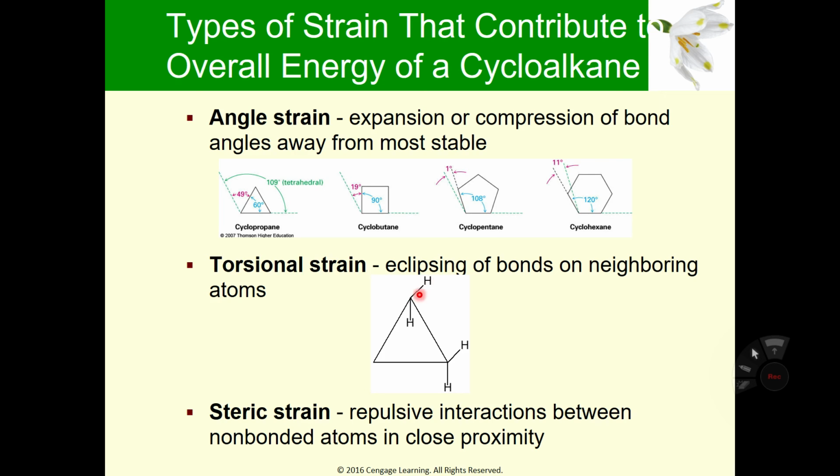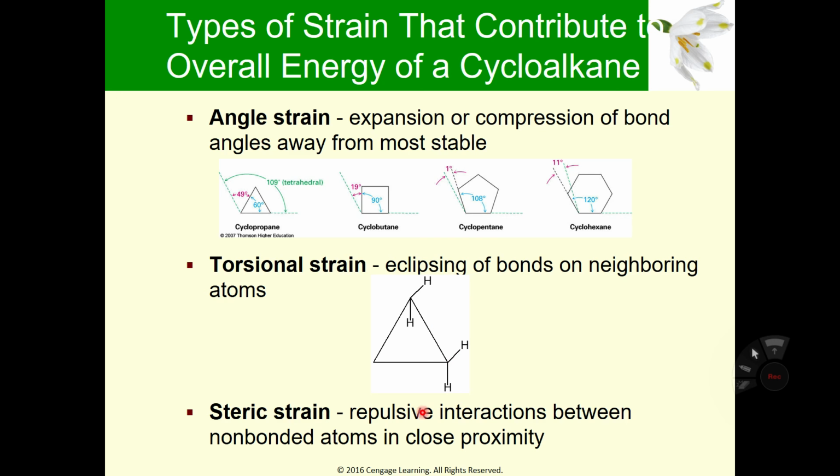You have two electrons in this bond, and it's negatively charged. You have two electrons in this bond too, it's negatively charged. So if they're in the same plane, they will have repulsions. Because they have repulsions, they don't like each other, and it will cause this molecule to be at a higher energy level.